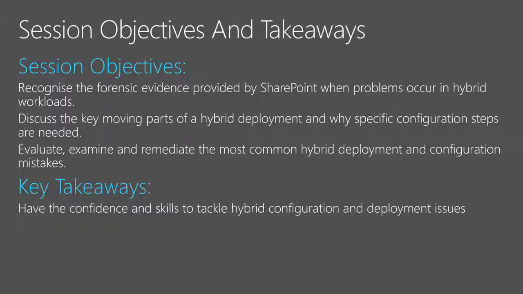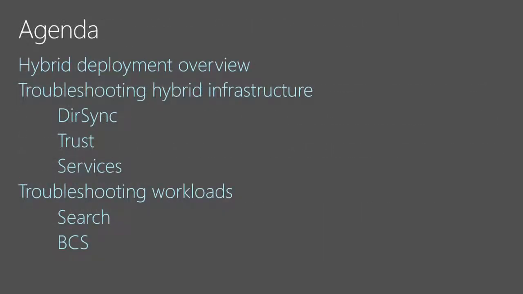Before we get to any of the other things, how many of you have been deploying or have deployed any of the hybrid workloads like business connectivity services or search? Wow, great. I think there are a lot of you who were at our session about business connectivity services and how we talk to an on-prem data source.